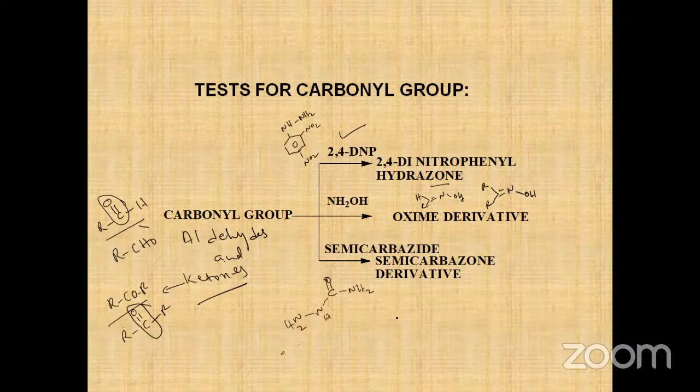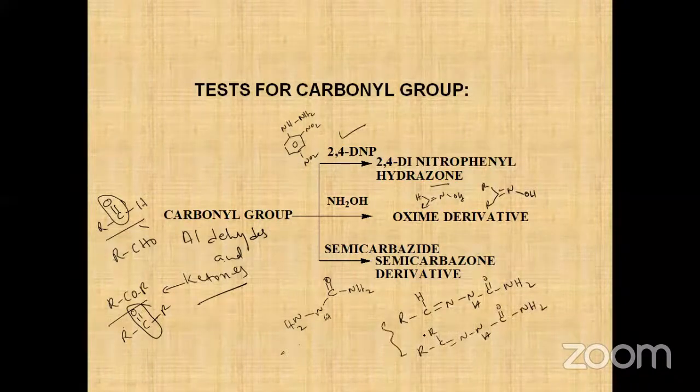Suppose you take an aldehyde, NHC double bond O. Aldo semicarbazone derivative. At the same time, if it is a ketone, that leads to formation of keto semicarbazone derivative. Okay. Therefore, these are the common reactions to identify the carbonyl group present in the alkaloid.